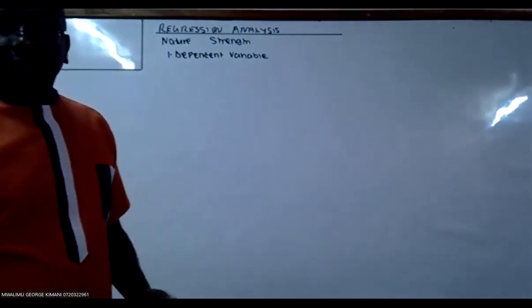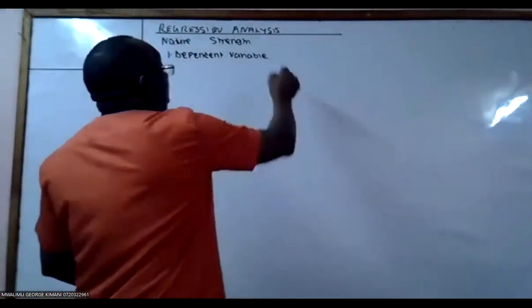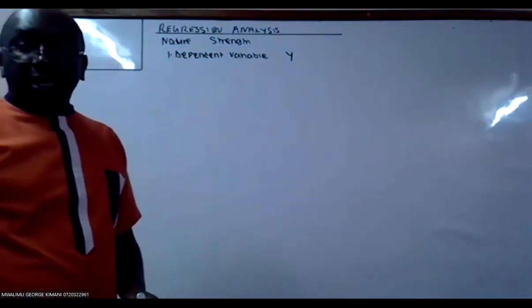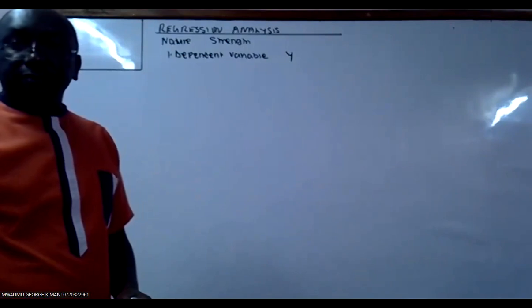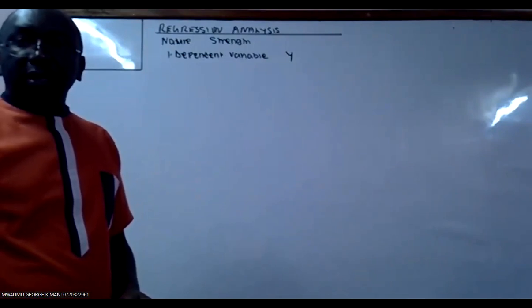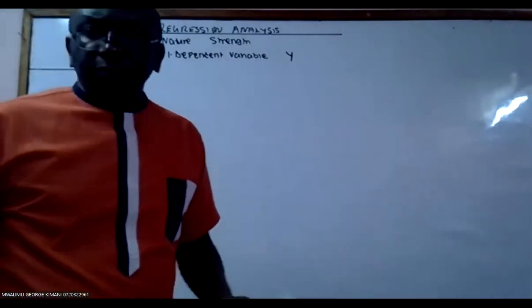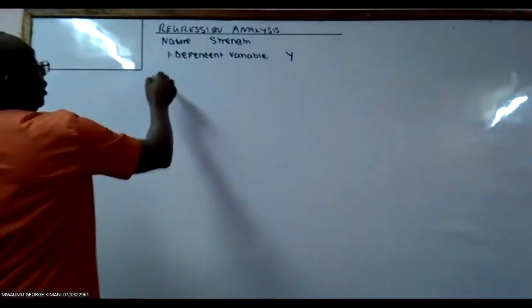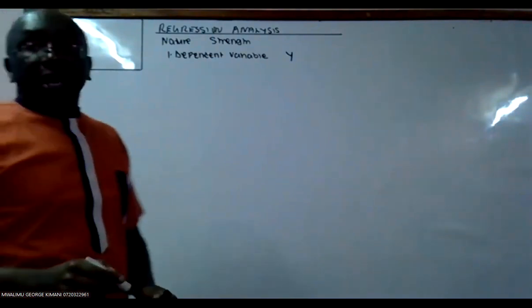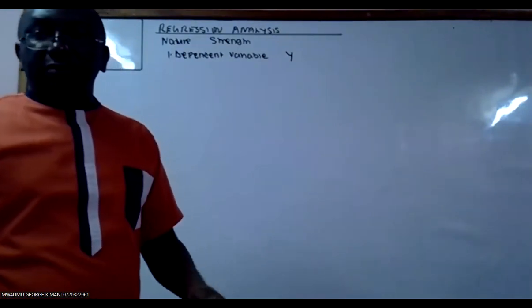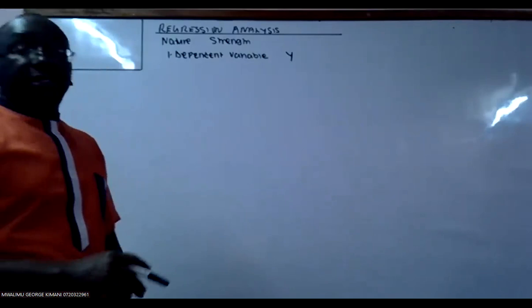It is represented by letter Y. Full stop. An equation can only have one dependent variable.